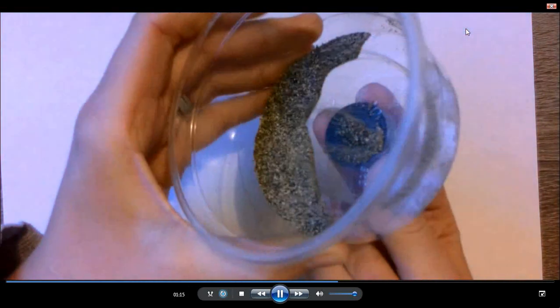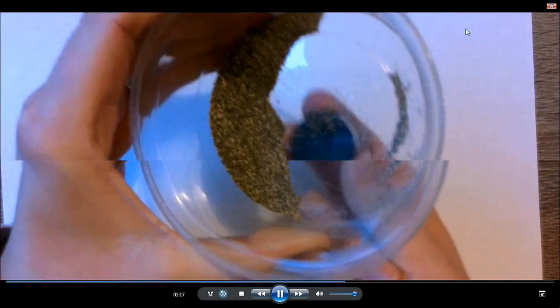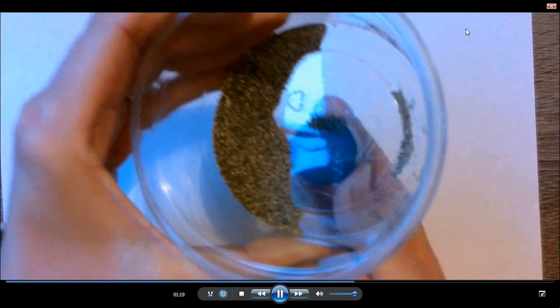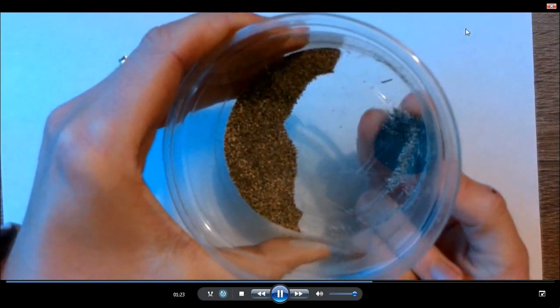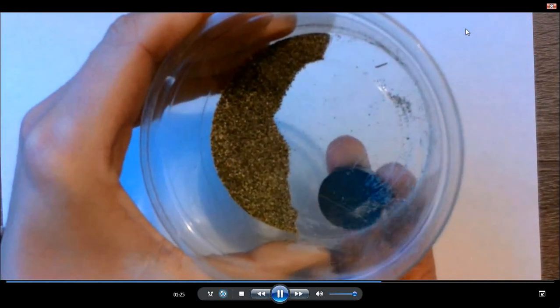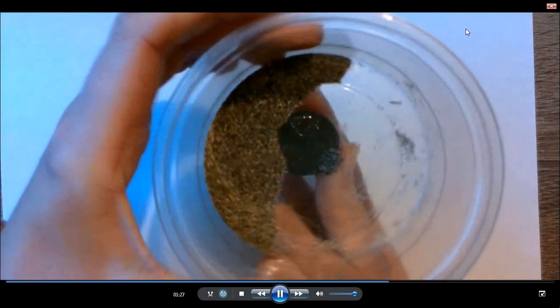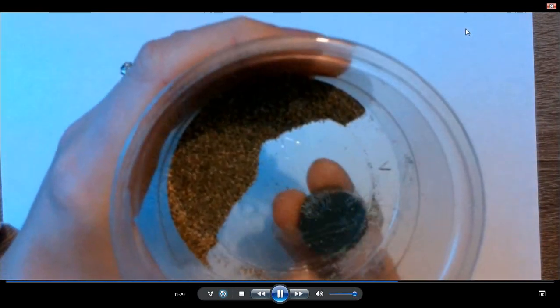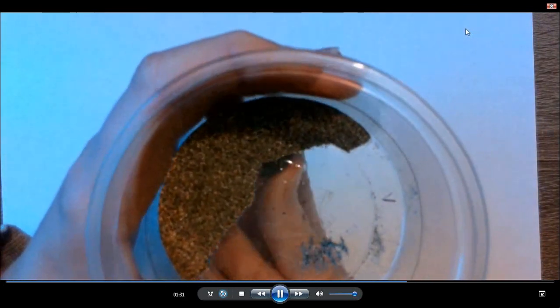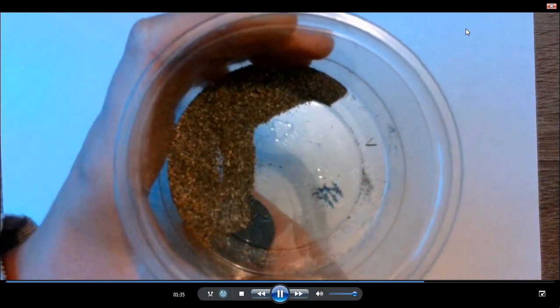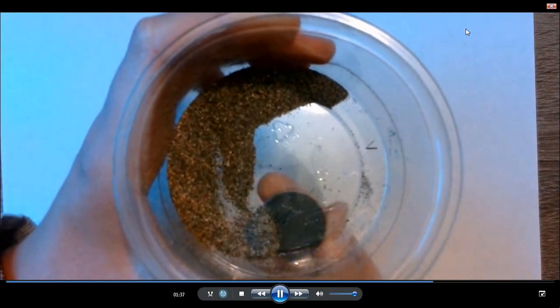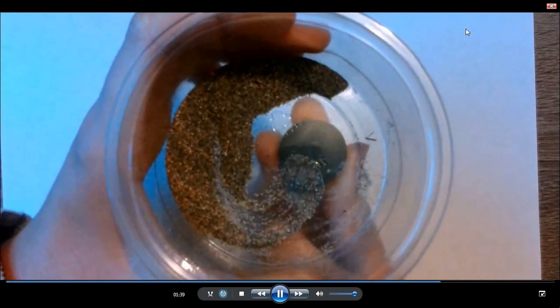I'm just going to tip it all to one side, see if I can shake away a little bit. Are there any more iron filings? I think I can see some. Leave that bit over there, see if there's any more in here. We can see those iron filings going over towards the magnet.